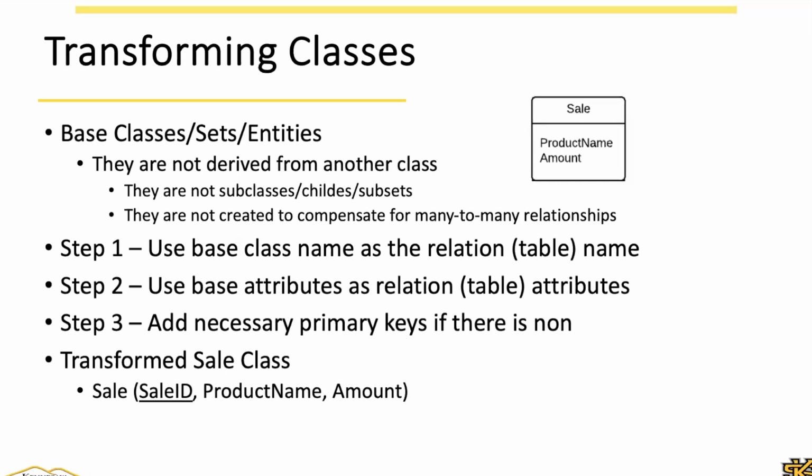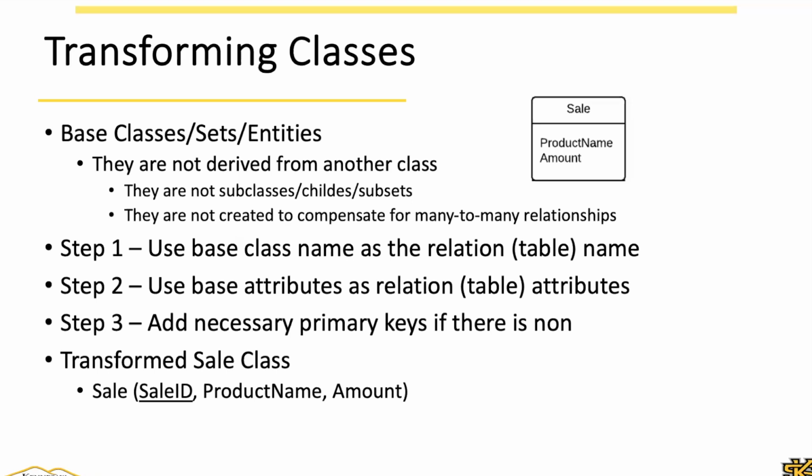So let's review the process of transforming base classes. Base classes are standalone entities. They are not part of the superclass, subclass, or a specialization generalization relationship, and they are not created to handle many-to-many relationships. In other words, they are not association classes.